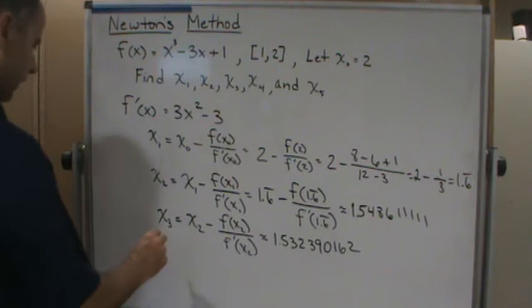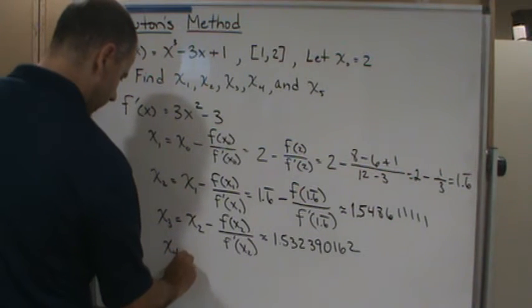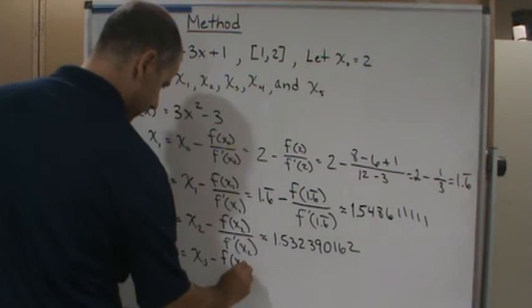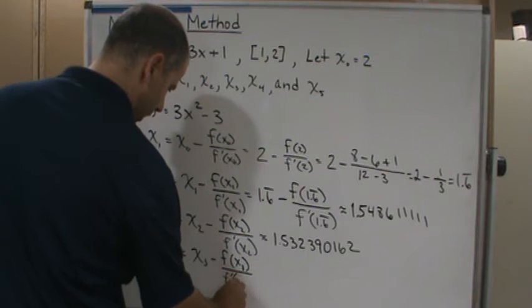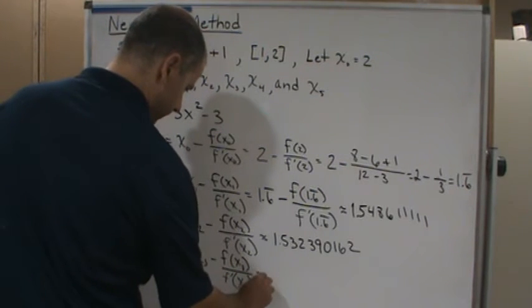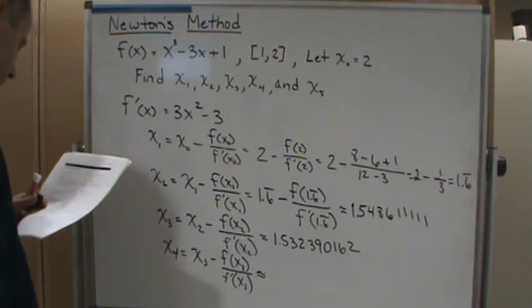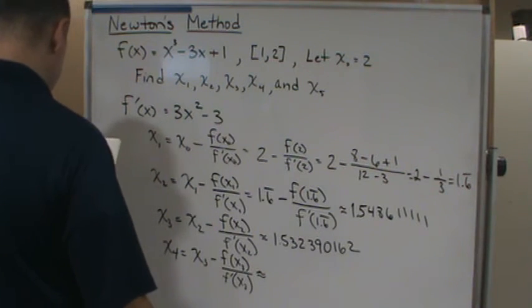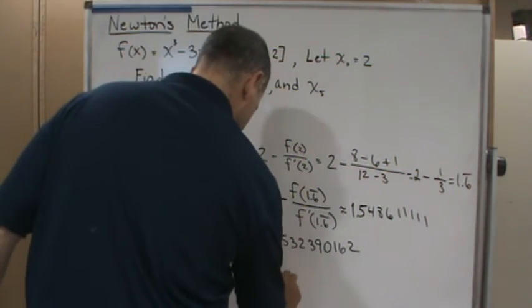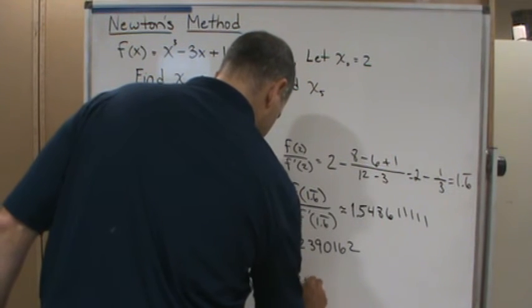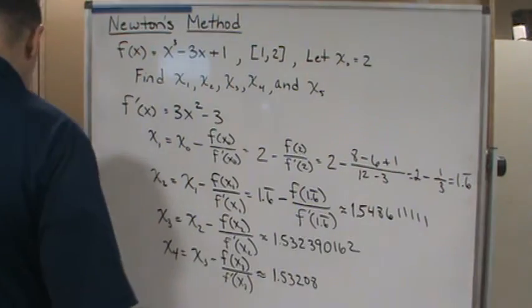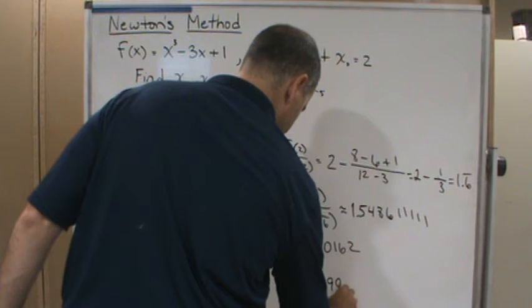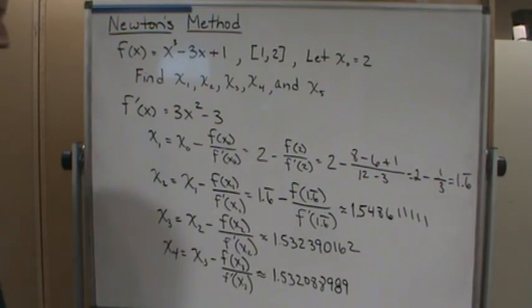If you keep going, x4, which is x3 minus f of x3 divided by f prime of x3, is going to give you approximately 1.53208889.